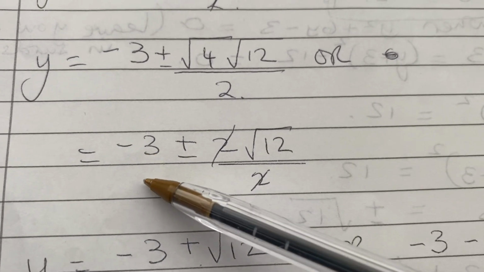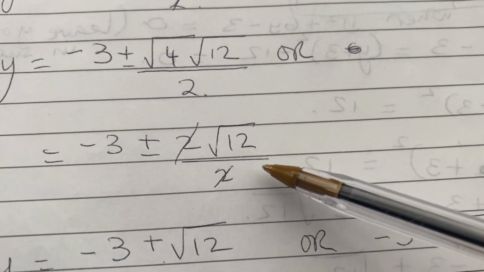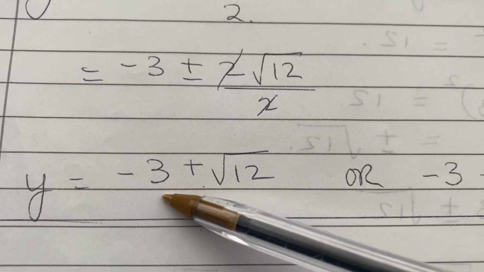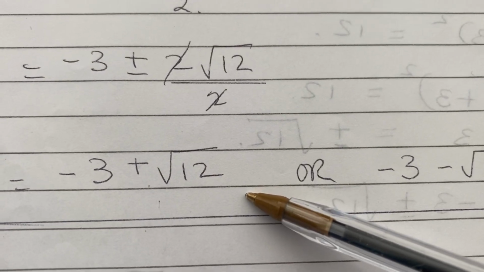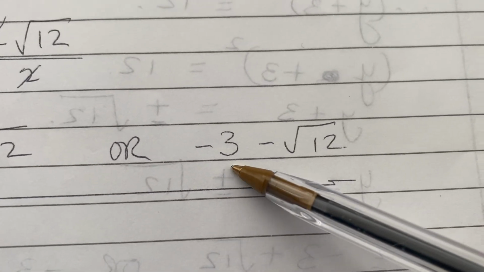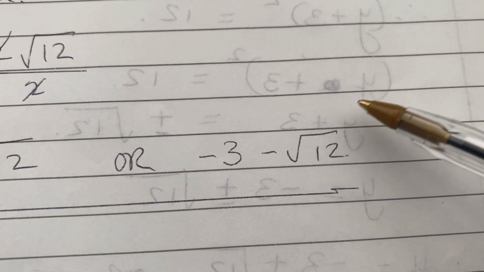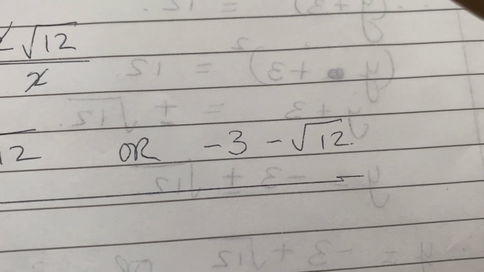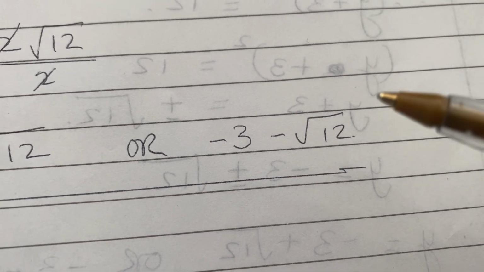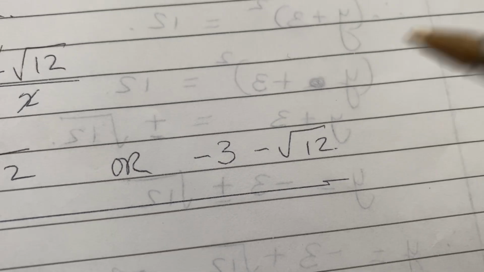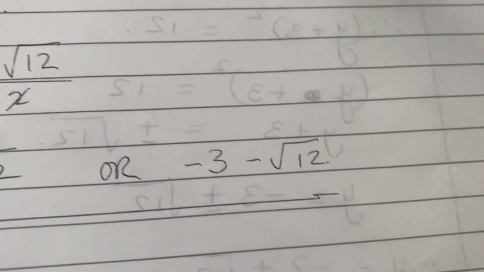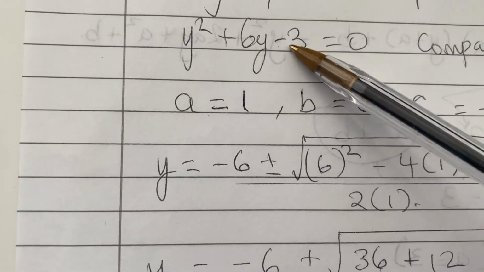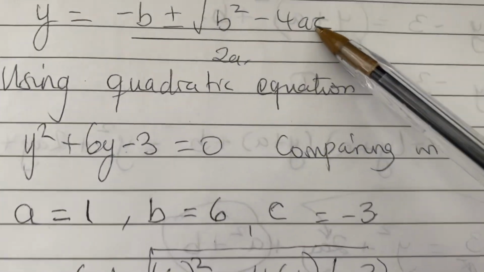So I have minus 3 plus or minus root 12. So y will be minus 3 plus root 12, or minus 3 minus root 12. Okay, so in effect, you have solved the equation, but in this case, they should equate the quadratic equation to 0 before you can use this formula.